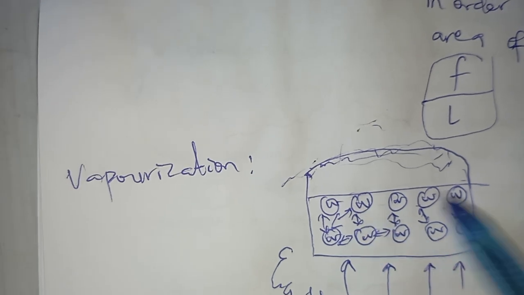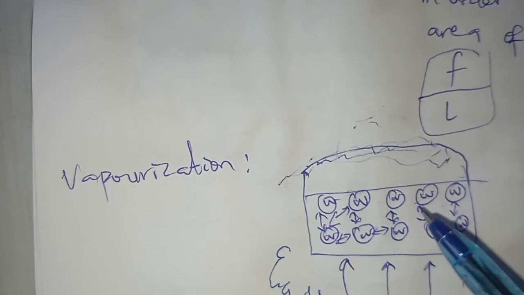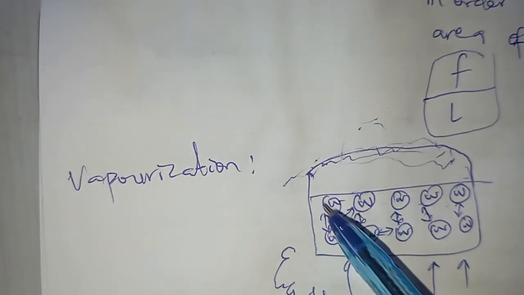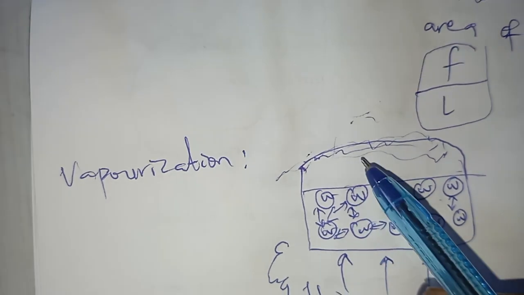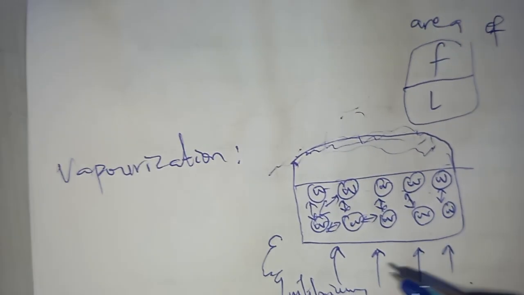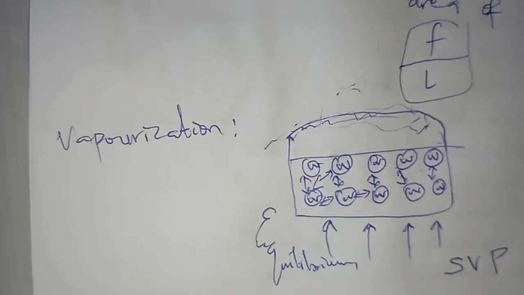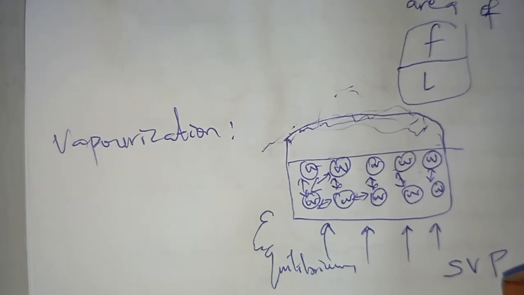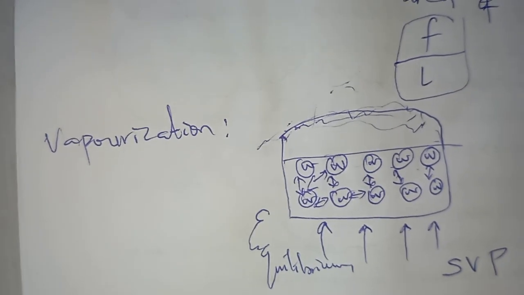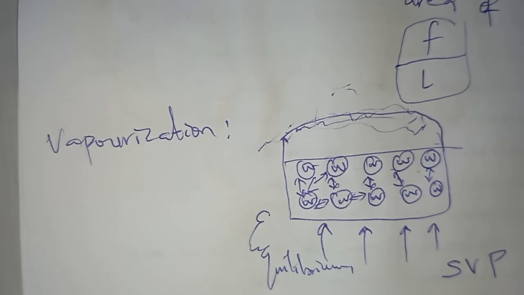We say that is vapor pressure. So as you heat it more, when it has reached that point of equilibrium where it goes up and condenses, we say it has reached what we call saturated vapor pressure. And this saturated vapor pressure is independent of the amount of liquid.